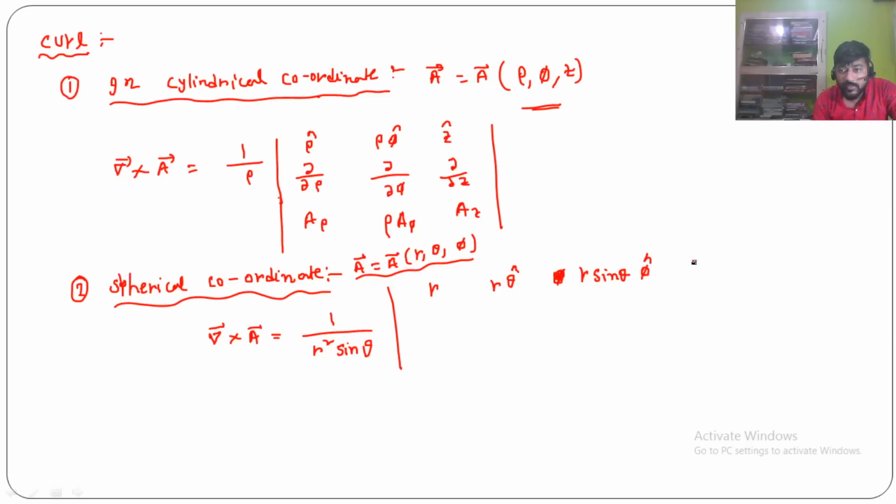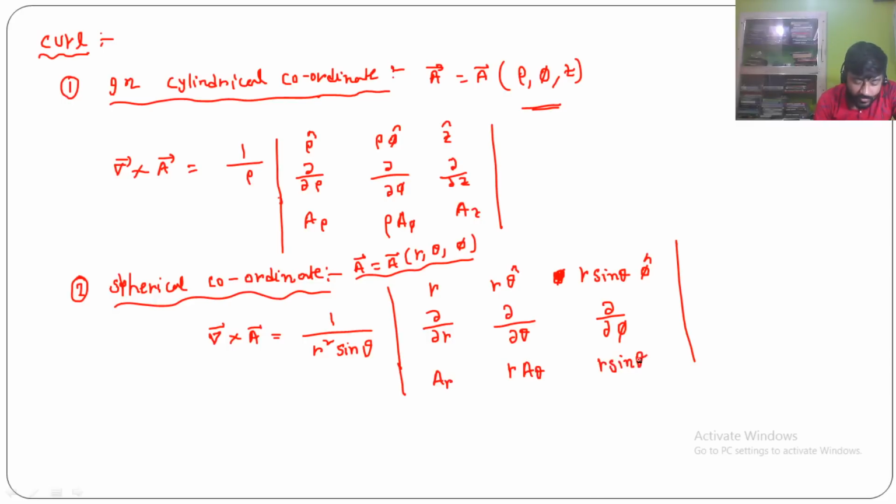So this will be the result, and then it will be del del r, then del del theta and del del phi, and the components will be A r, r A theta and r sin theta A phi.